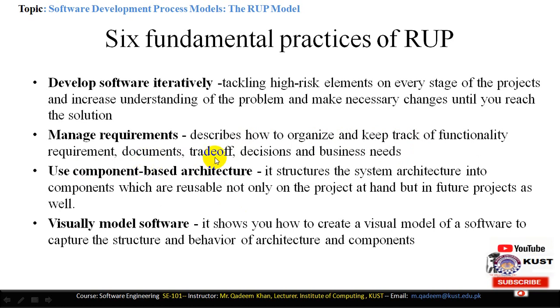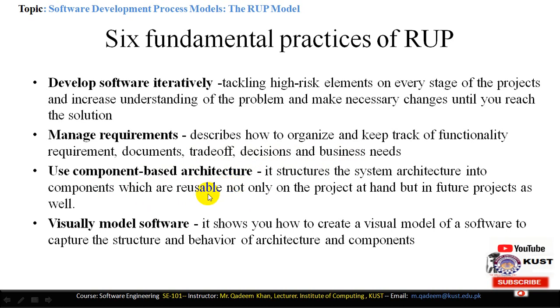Trade-off here means that if we increase or refine one requirement, making it more finalized, then the other requirements may also be affected. So here we will also define the trade-off among the requirements. Then also we have decisions and business needs. If we have certain decisions and business needs, then we will use the RUP model.